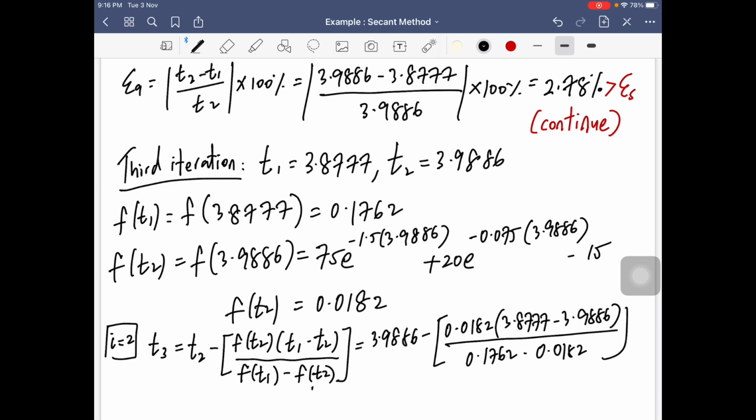Okay, so this will give you T3 equal to 4.0014.